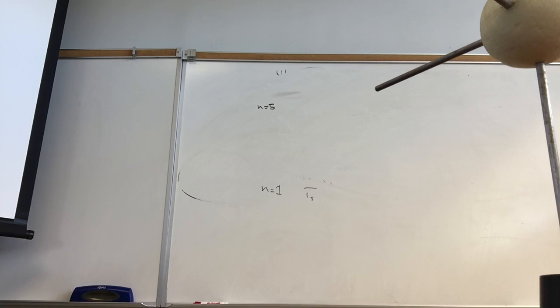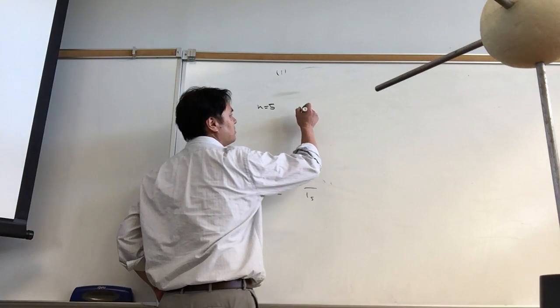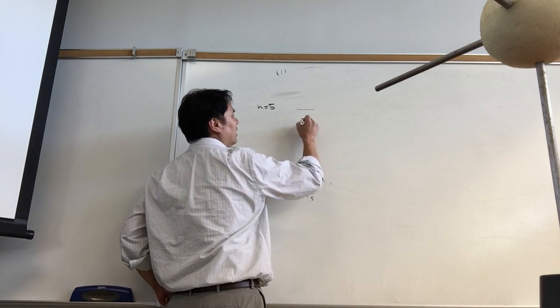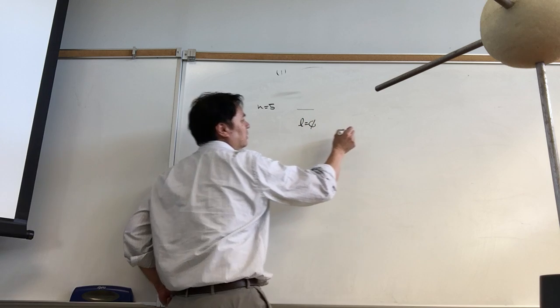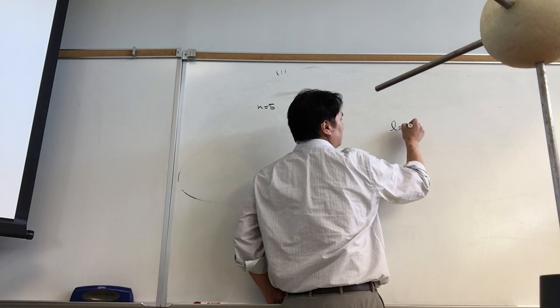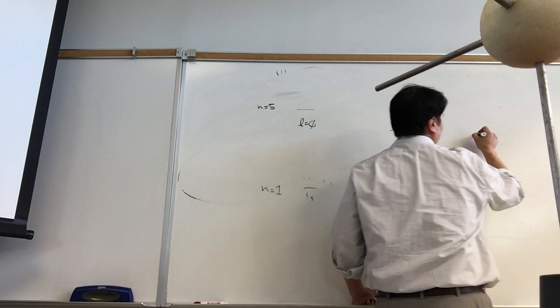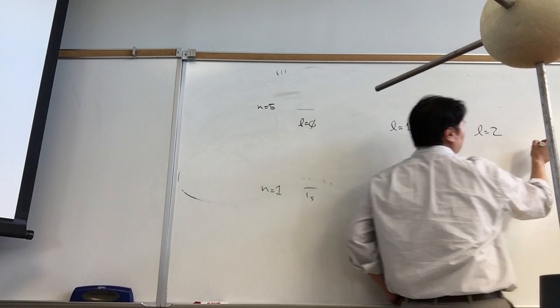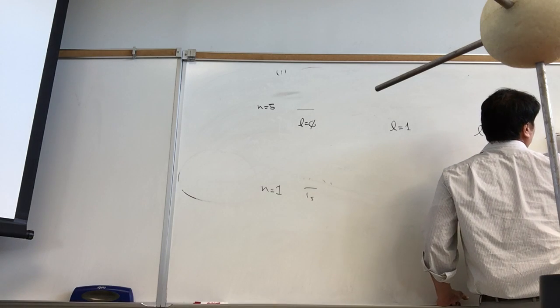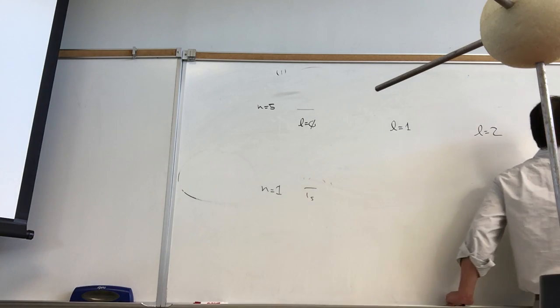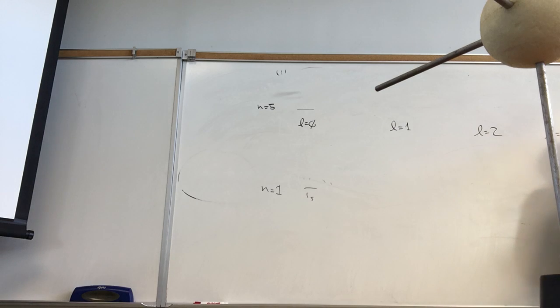But it's not difficult to figure out, because if n equals 5, then what are my possible L values? L equals 0, L equals 1, L equals 2, L equals 3, L equals 4, L equals 5.